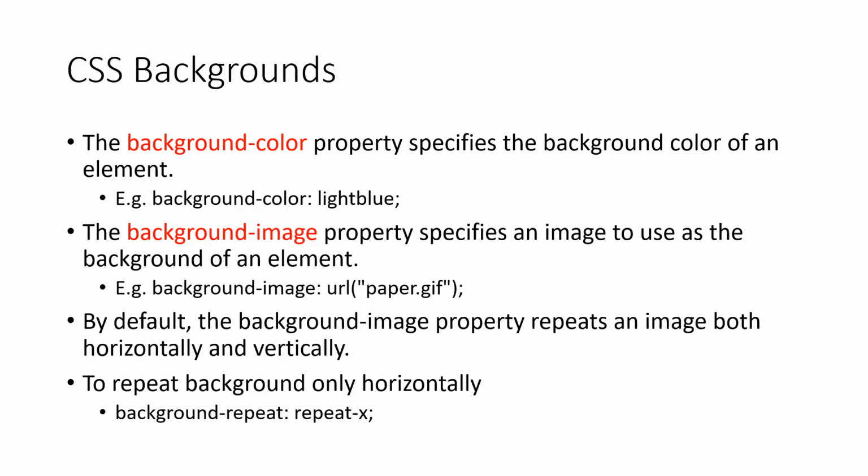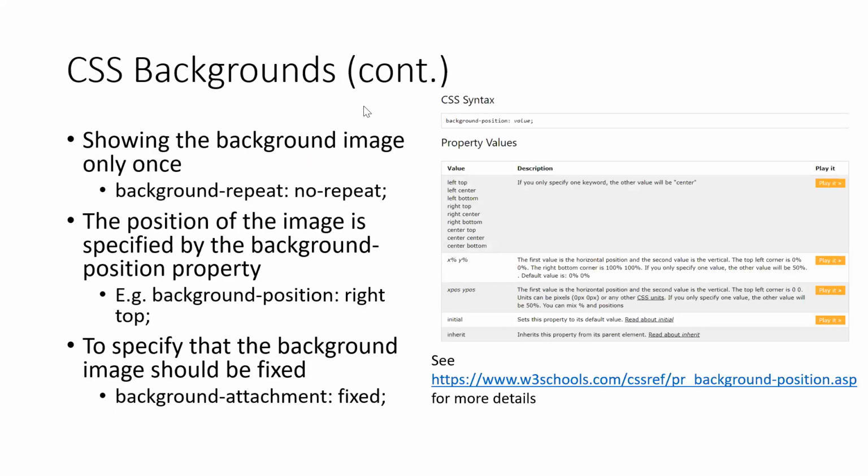And by default, if you have a very small image, it will repeat everywhere, both horizontally and vertically. If you want to repeat only horizontally, then we can say repeat X. And then there are other things.